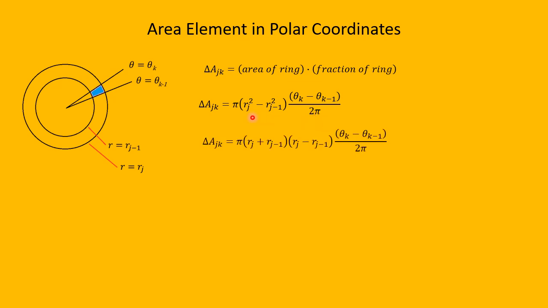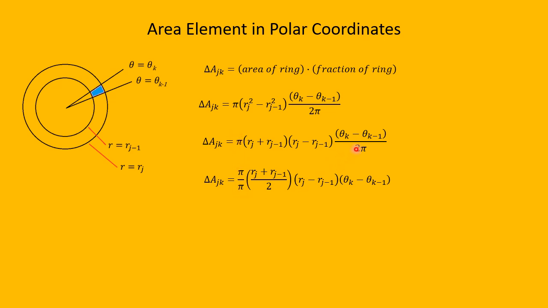So now what we can do is write this difference of two squares as the sum of the two numbers times the difference of the two numbers with that pi outside, and we'll just leave this fraction the way that it is for the time being. And then let's take out this pi from this denominator. Let's put it out here, dividing this pi by pi.